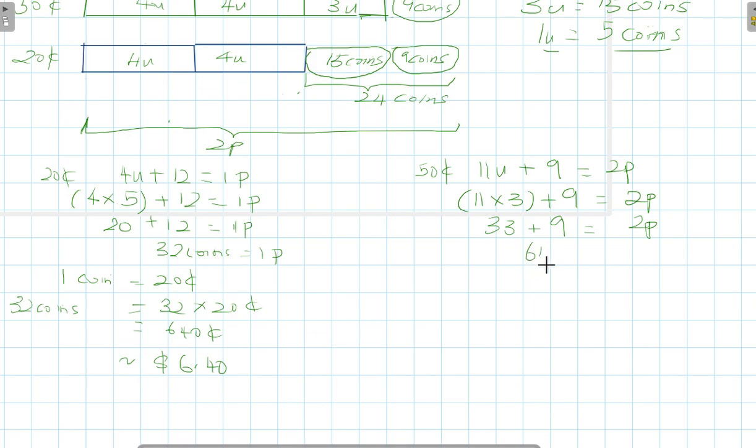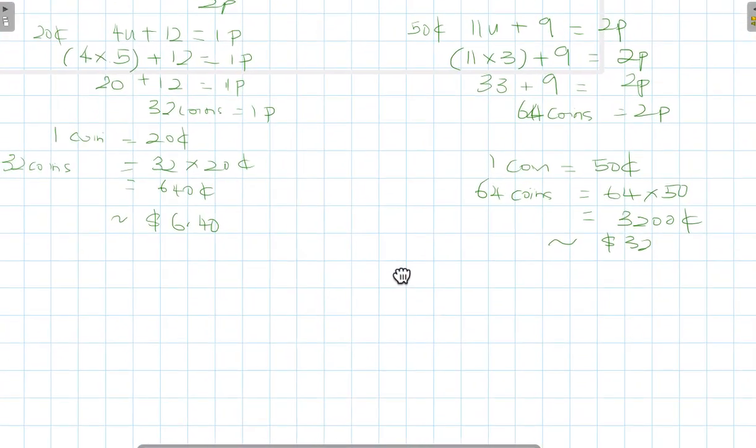I will have 64 coins. 64 50 cent coins in the end. Okay, so I know that 1 coin is equals to 50 cents. If 64 coins will give me 64 times 50 will be 3,200 cents, which is equivalent to $32.